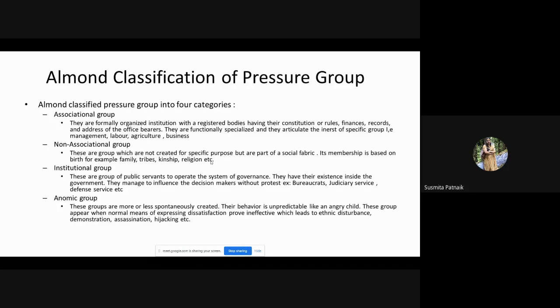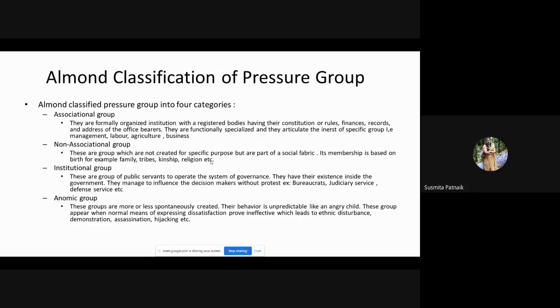Only through the group they will put pressure upon the parliament, or the legislature, that we already completed 6 years, so our job should be regularized. Similarly, in the case of agriculture, if there is low production, then the farmer will put pressure upon the government.